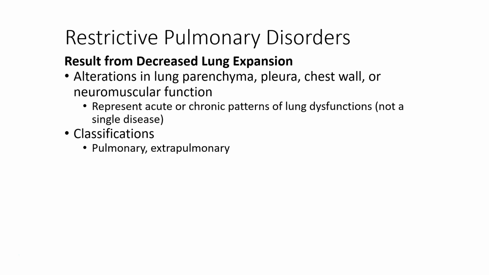So in the obstructive respiratory disorders, we saw that the problem was that the tube was blocked. There's something that is obstructing airflow. Here, in chapter 23, all of these disorders have something that is preventing the lungs from being able to fully expand.